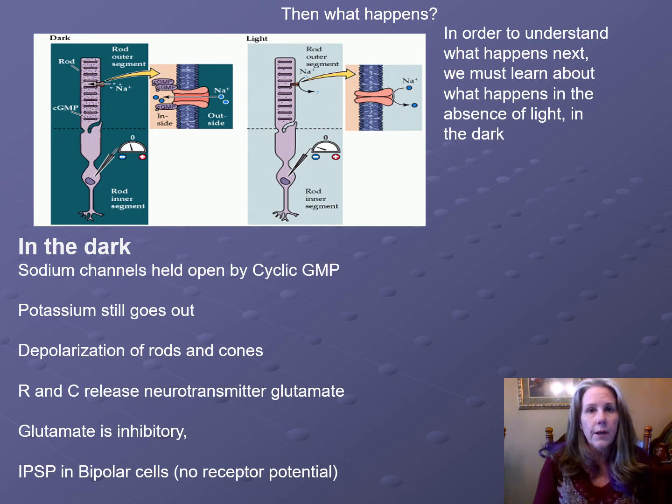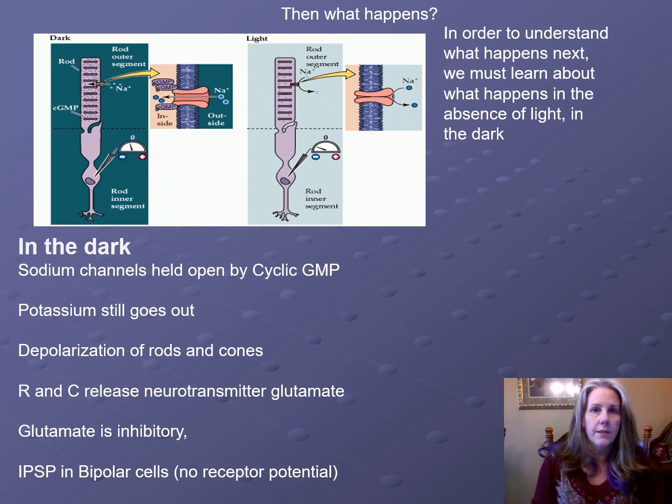Since it's inhibitory, there won't be any receptor potential, therefore no action potential, no nerve impulse to the brain. Okay, that makes sense. That we need to know before we go on to the next part.